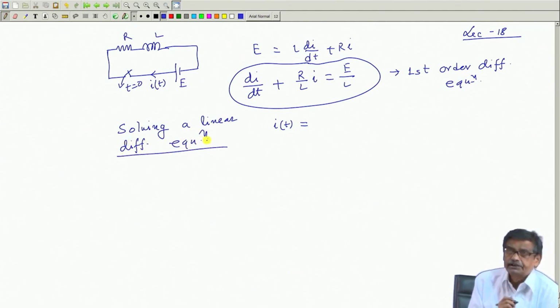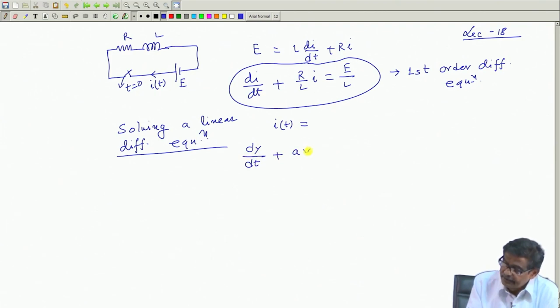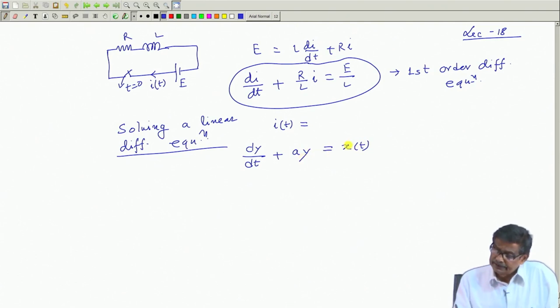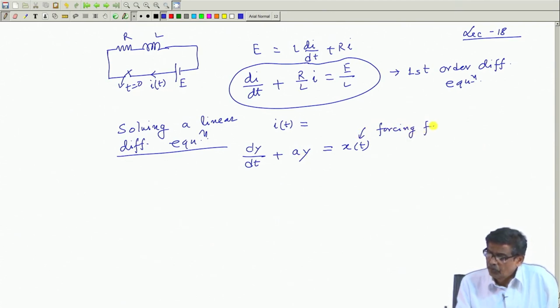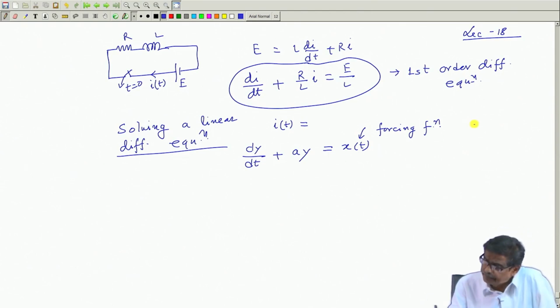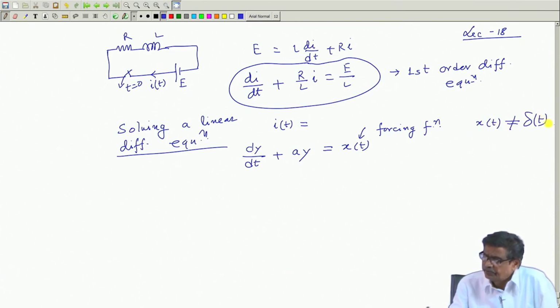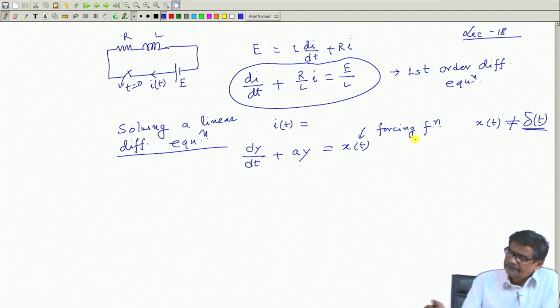Take a general differential equation like this: dy/dt plus a y is equal to x(t), where x(t) is called the forcing function, which may be a function of time or it may be constant, it may be anything. Except x(t), I rule out this possibility, is not equal to an impulse function. We will talk about this later. x(t) is a general reasonable function, it can be anything.